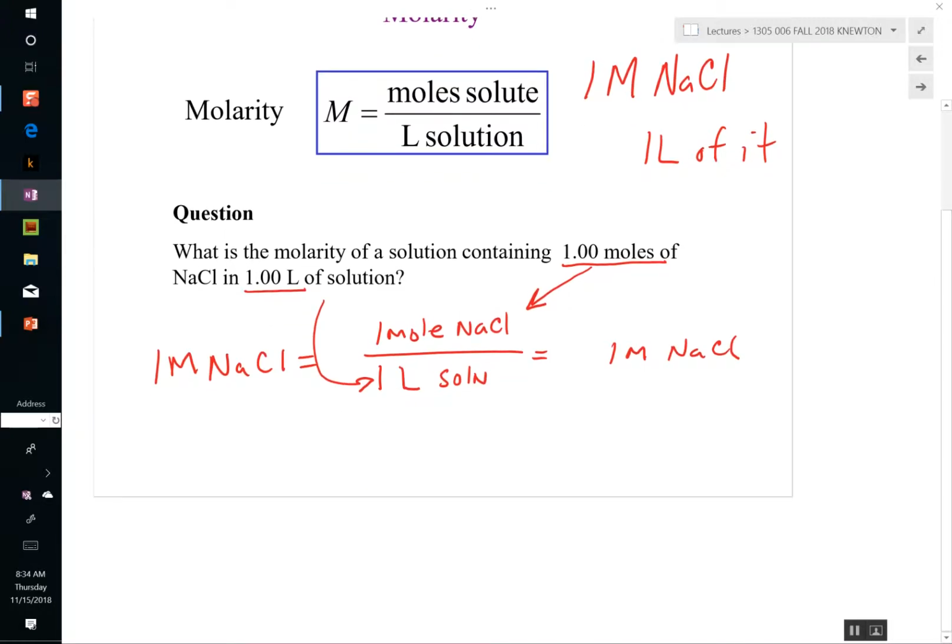Now, if I wanted to make this, I would have to get some sodium chloride. Can I go across the hall and stand in front of the balance and it's going to read out in moles? No, it's going to read out in grams. So how much of this would be needed to make that solution?